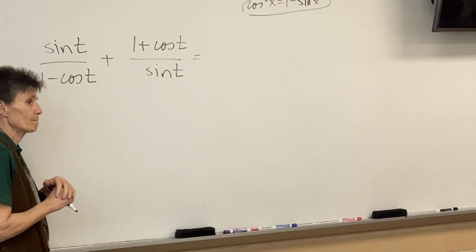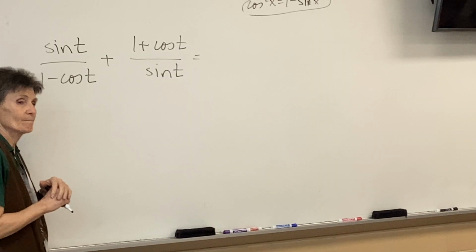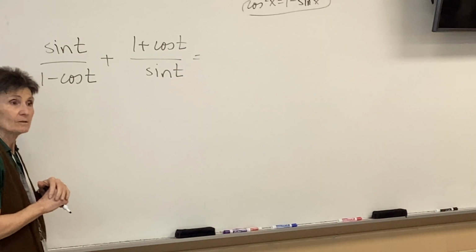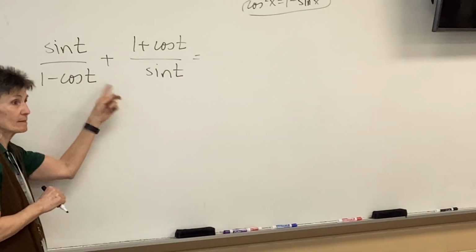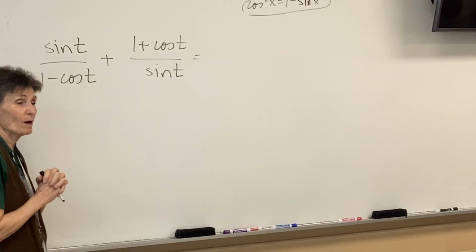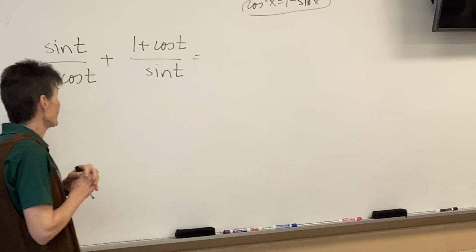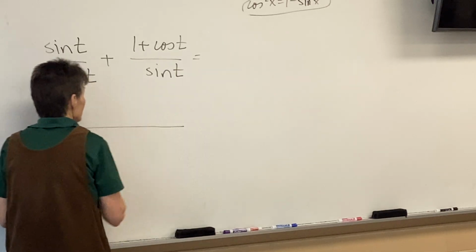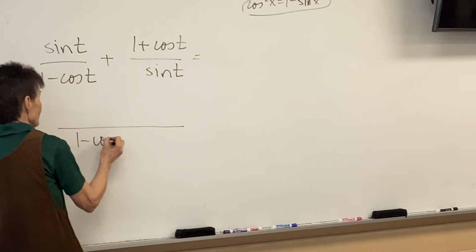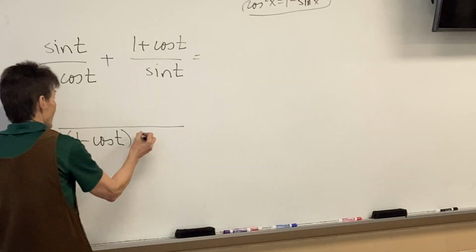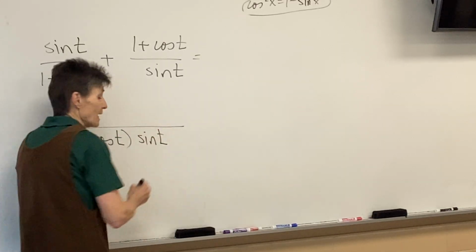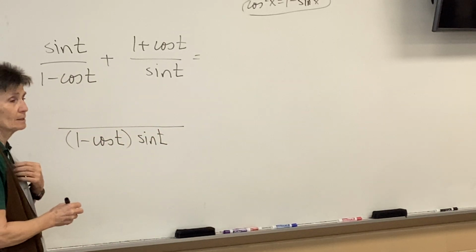You get a common denominator? Aren't we adding fractions, kids? Are we adding fractions? So we're going to get a common denominator, and the common denominator is going to be 1 minus cosine times sine. That's my common denominator.